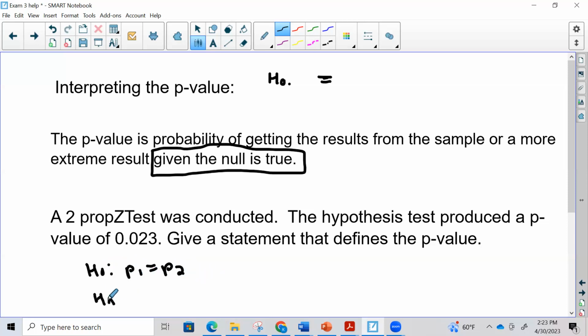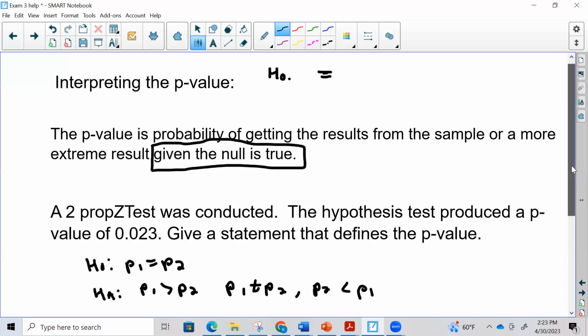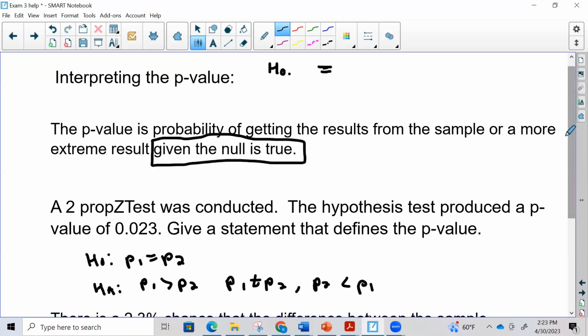And then our alternative is that either p1 is greater than p2, p1 does not equal p2, or p1 is less than p2. They didn't tell me which is my alternative, so I can't explain it in those terms. But what this p-value is saying is it's the probability of getting whatever results I did from my sample, assuming that this null is true, that p1 equals p2.